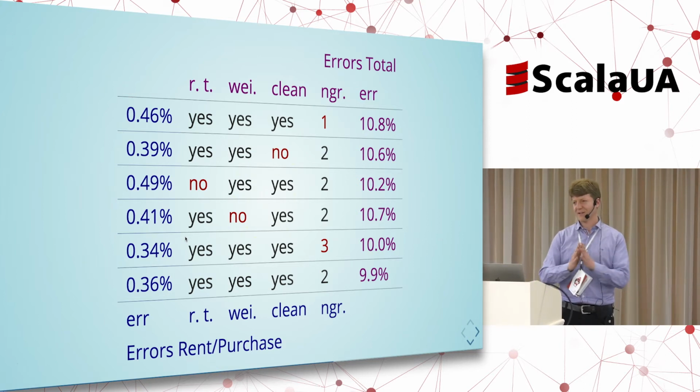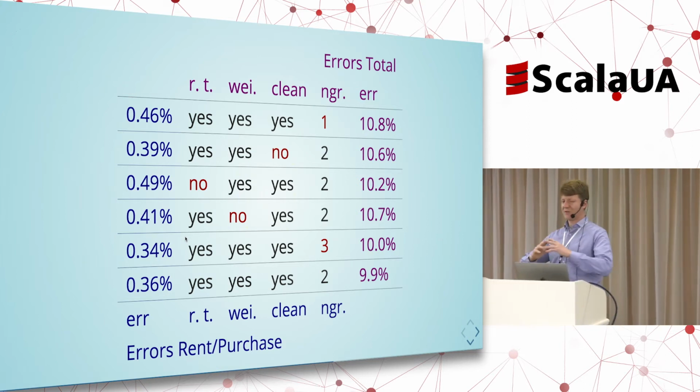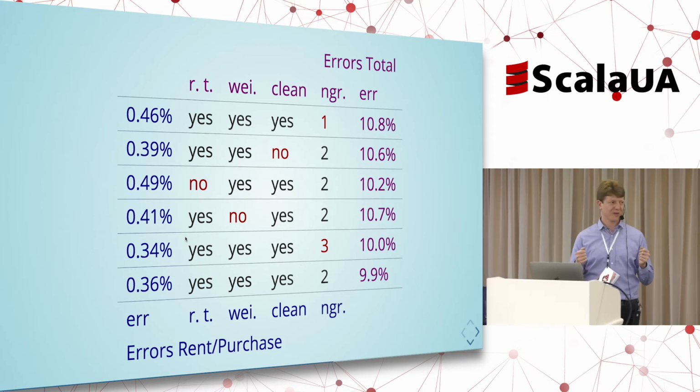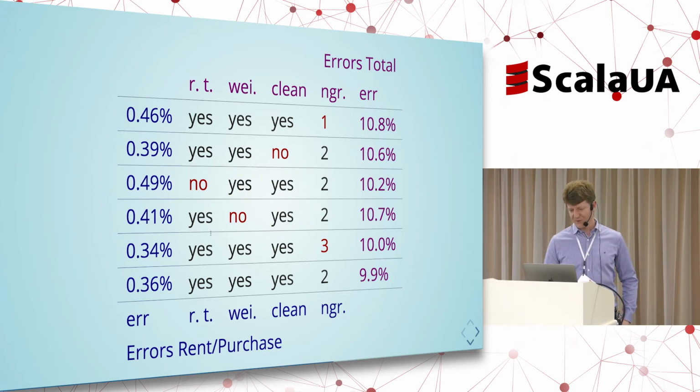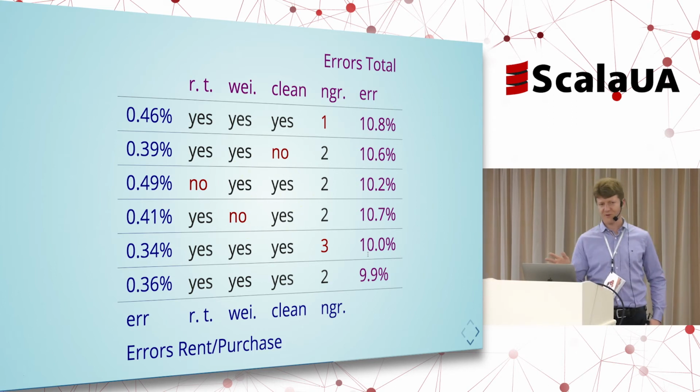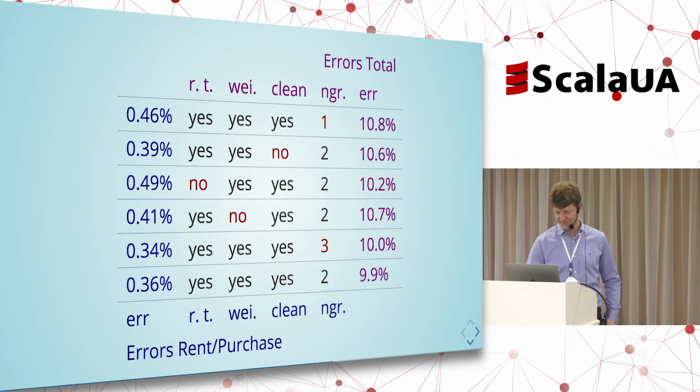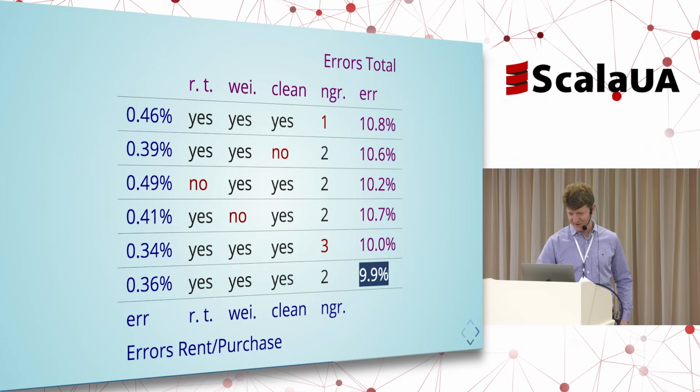Here is a table that shows you how these different transformations and tweaks, what influence they had, and how well they worked, or what difference they made. Let me just explain this table to you briefly. On the right side you see the total error for different combinations of these term extraction settings, and the best error rate we get here is 9.9%.